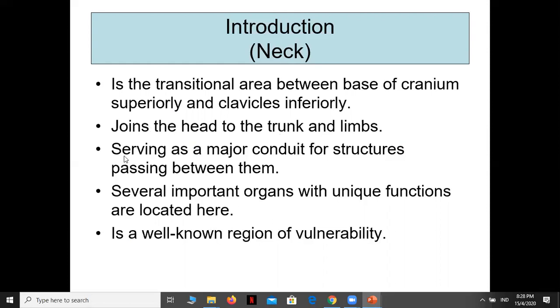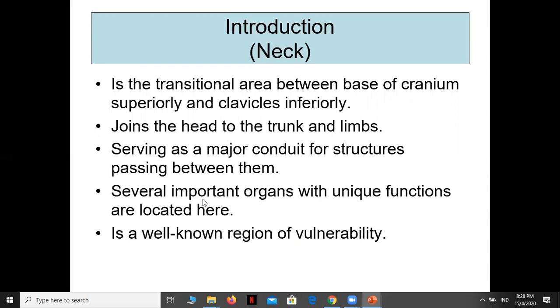The other function of the neck is to serve as a major conduit for structures. It also serves as a major channel for structures to pass between. There are several important organs with unique functions located here.